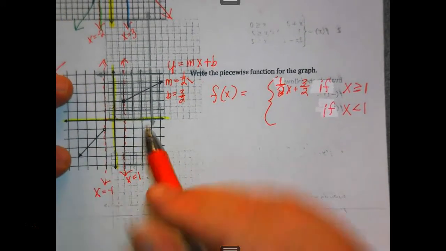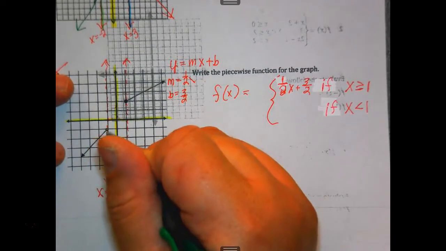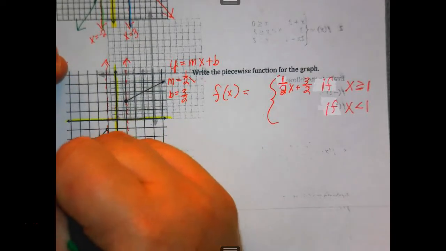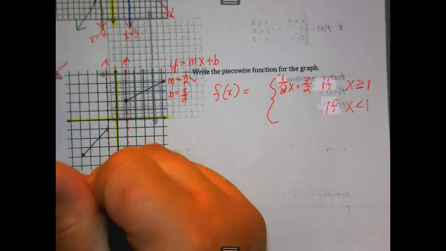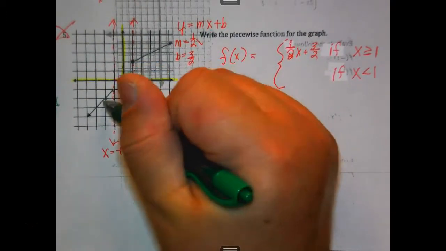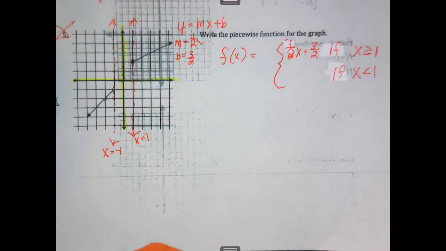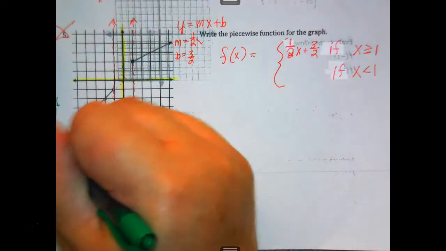In other words, the slope of this line is down 1 to the left 1. Okay, down 1 to the left 1. And my y-intercept, if I were to continue this, would be 0.